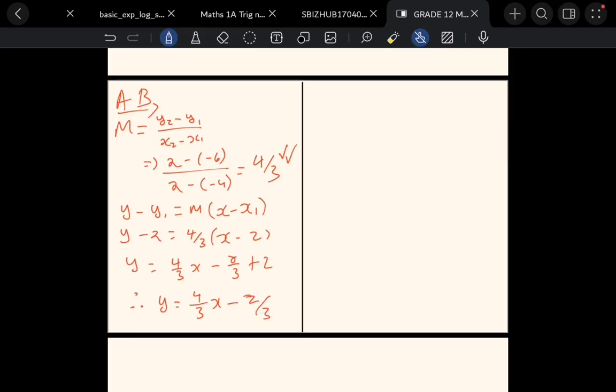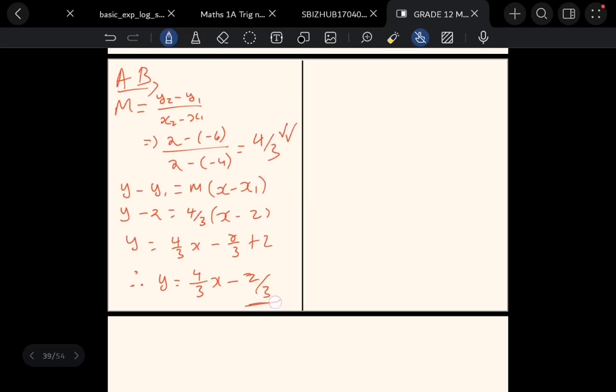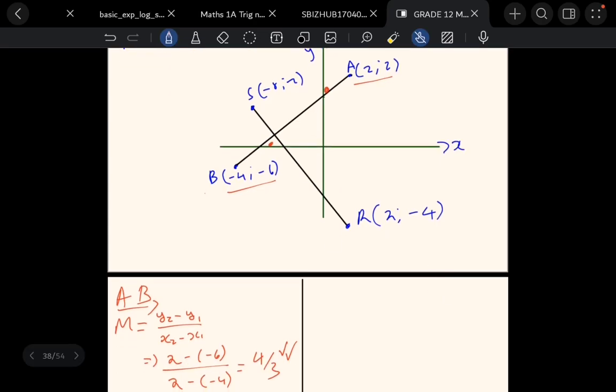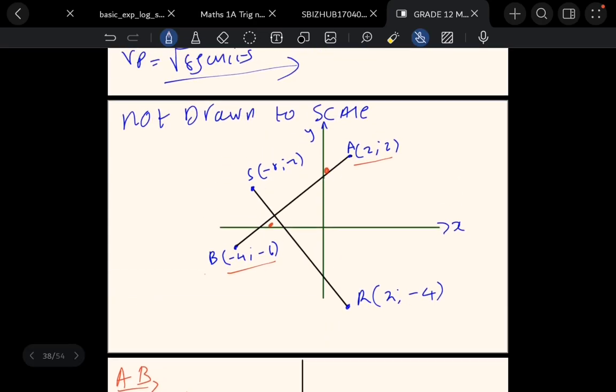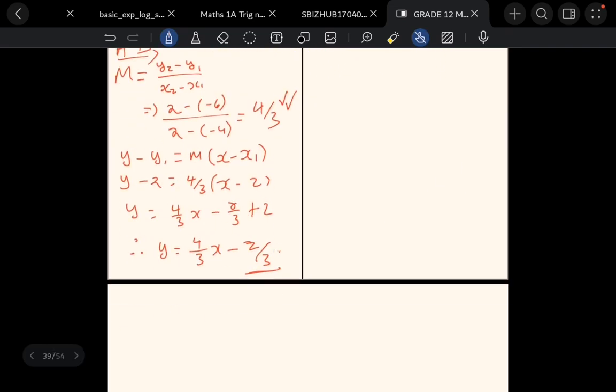Does it make sense? The diagram does not make sense because the coordinates are negative. Understand? I said the diagrams are not drawn to scale. This one is the y-intercept.